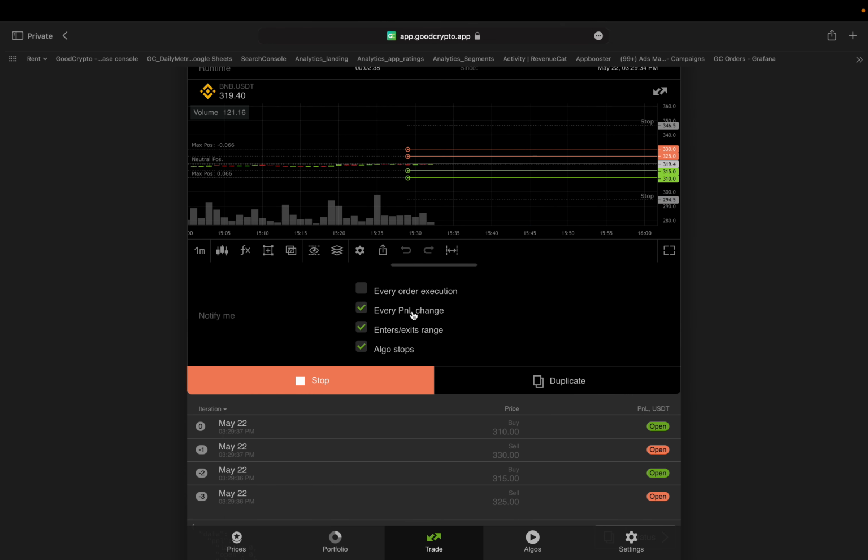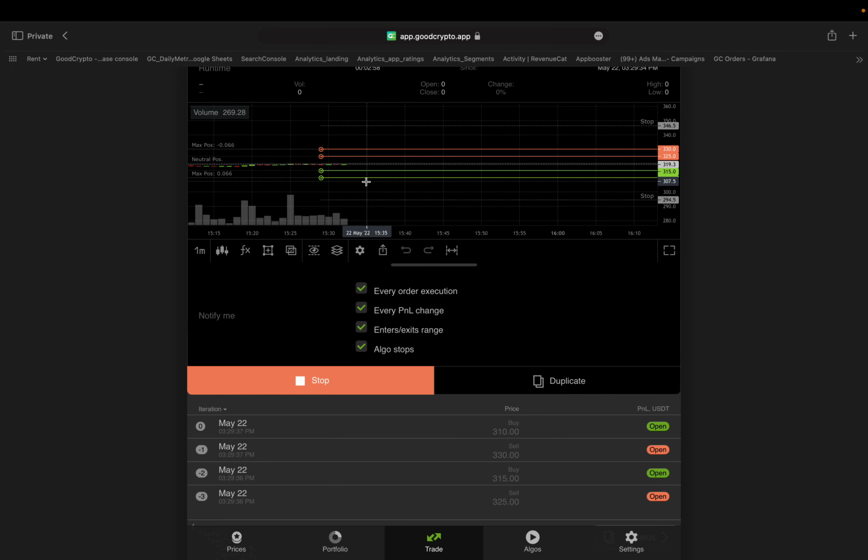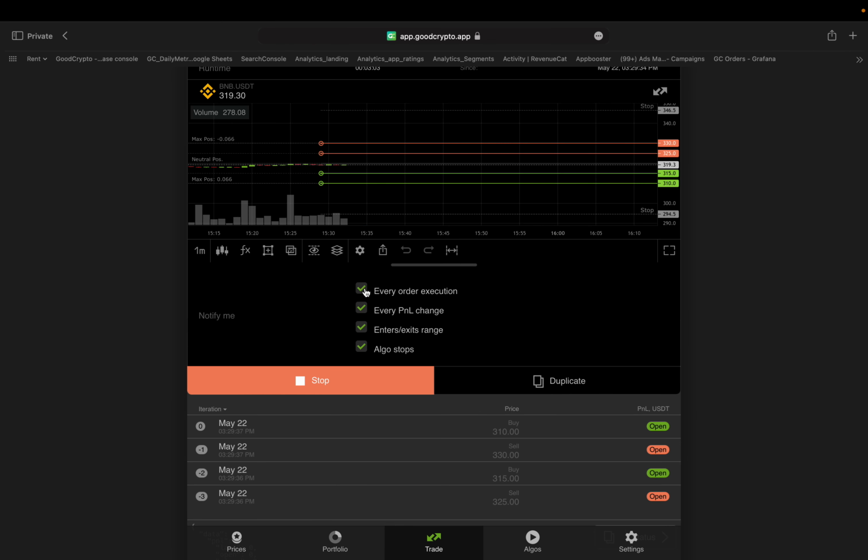Even with this checkbox, that means that more or less in the long run, every second order you get this notification. If you check this box, you'll get even more notifications whenever any order executes. But given that, for example, this grid has just 5 levels and it's relatively loose, it won't trade that much. So in this case, I might want to check that box as well.